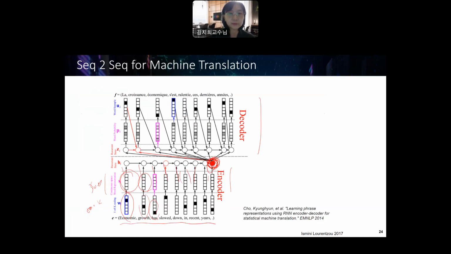And then after the state, we start producing the words in French. The size of this will again be 300 or something, and this will again be like 500K to map to the vocabulary of the whole French dictionary.